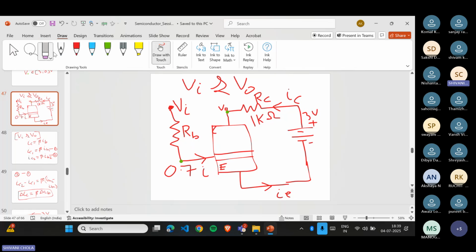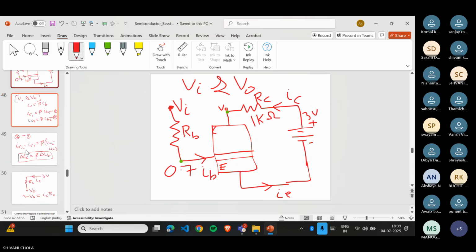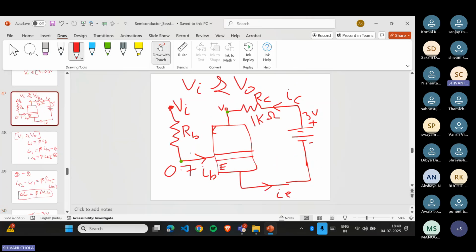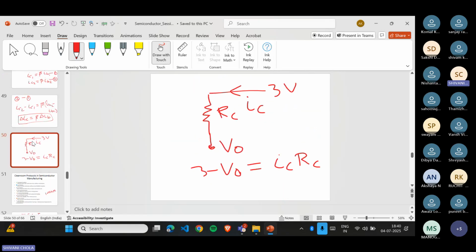So what will be the relationship between VI, IB, 0.7, and RB? VI minus 0.7 equals IB into RB. This is our equation 4.